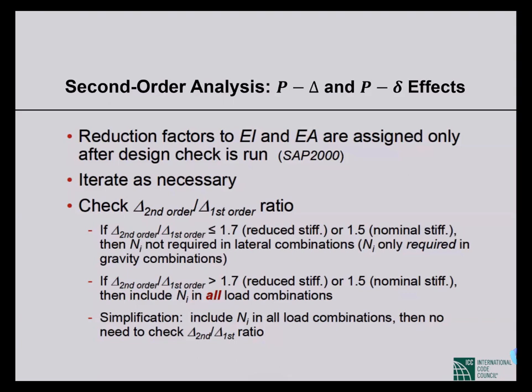And this one I have mentioned probably already, that if the sway ratio for reduced stiffness case is less than 1.7, or for nominal stiffness case if it is less than 1.5, then the notional loads are minimum lateral loads. They are not additive to the other lateral loads. Otherwise, we have to add them.